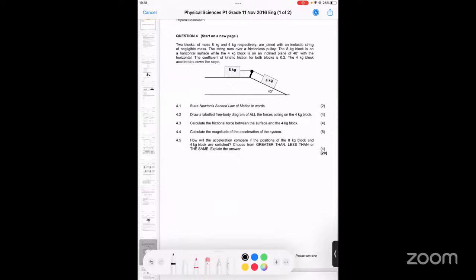Let's quickly check. So obviously we are drawing on the 4 kg. So you will definitely have a dot there. Then once you made a dot, then you will always have this one. That's why I start with it. This one going down, you must label it and say FG.